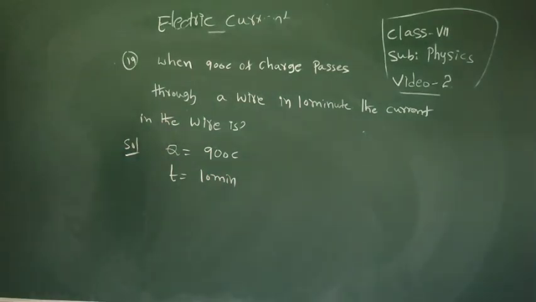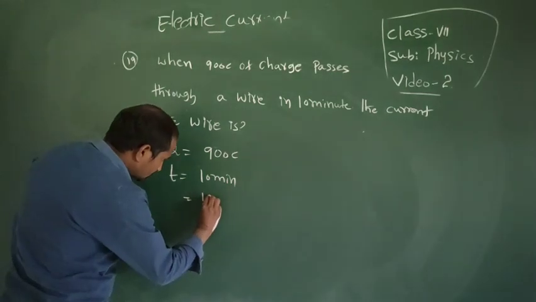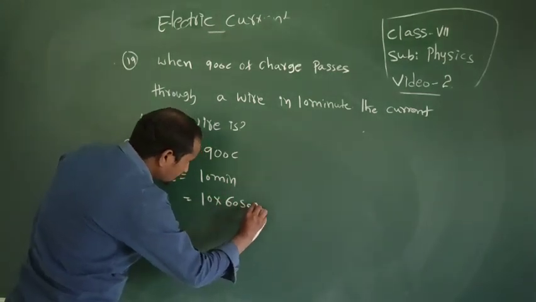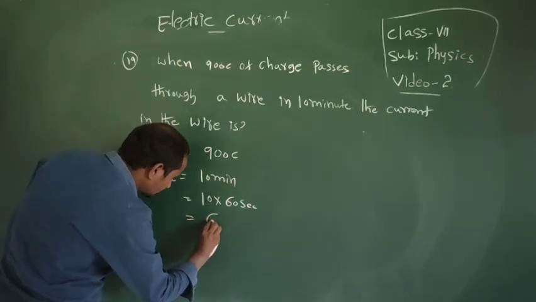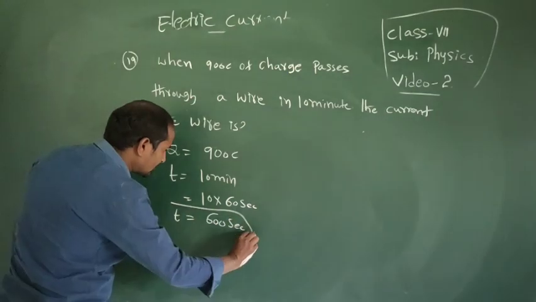Here time is converted into seconds: 10 into 60 seconds, that equals 600 seconds.